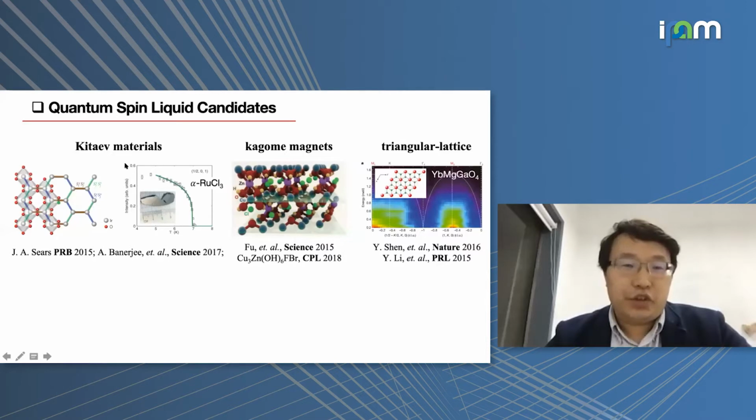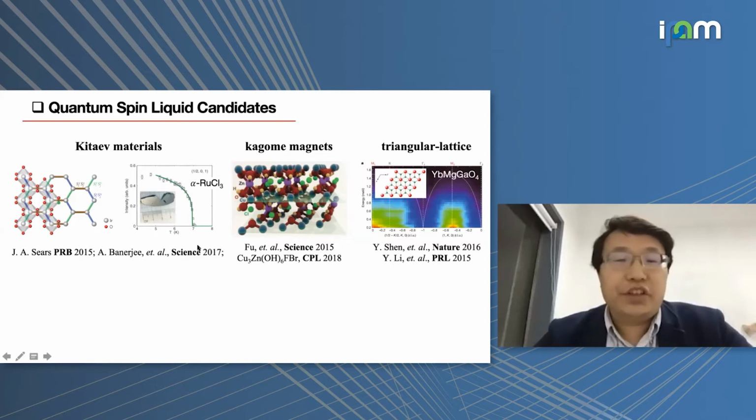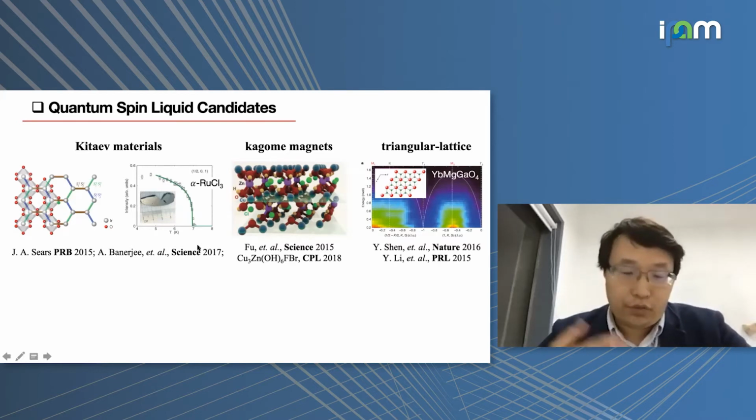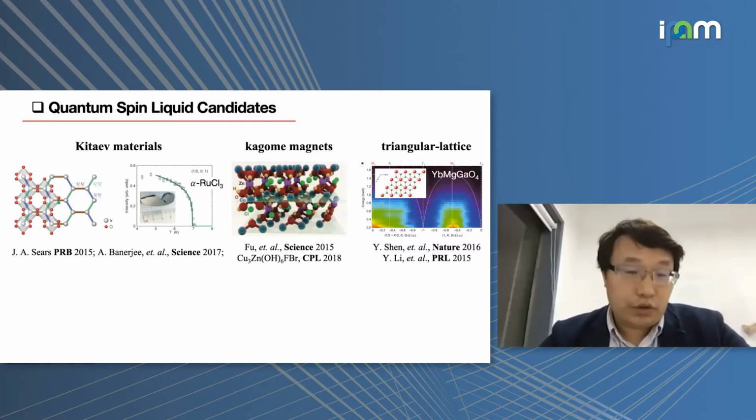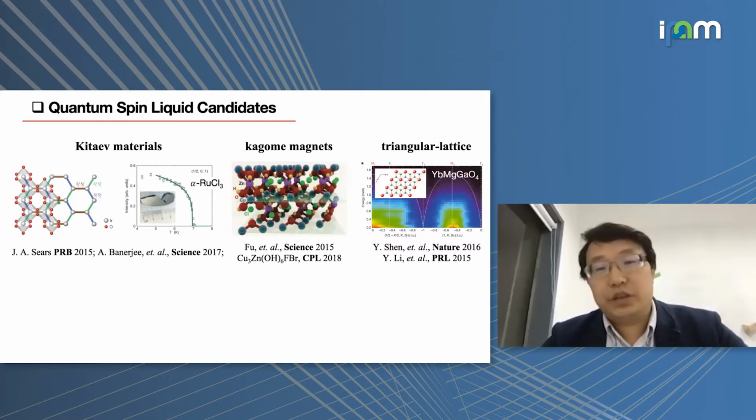The Kitaev materials, here I show alpha ruthenium chloride. Although it orders below 7 Kelvin, people still find some signature of spin fractionalization, or we say spin excitation fractionalization, in such systems. So people believe that this compound is close in proximity to quantum spin liquids.